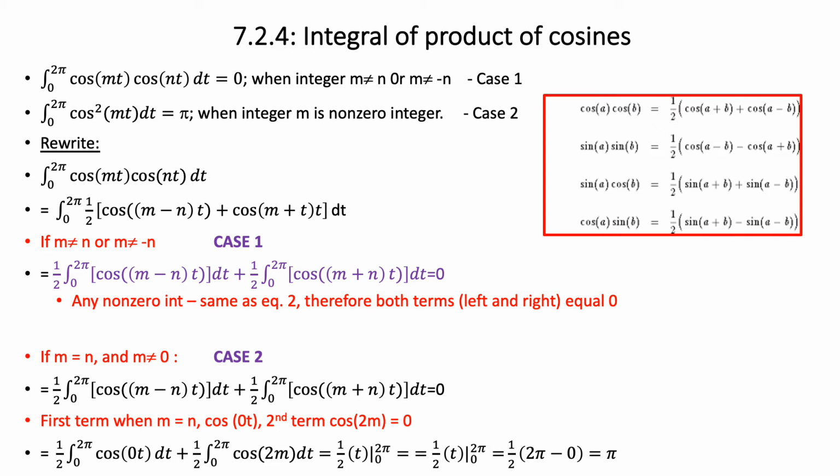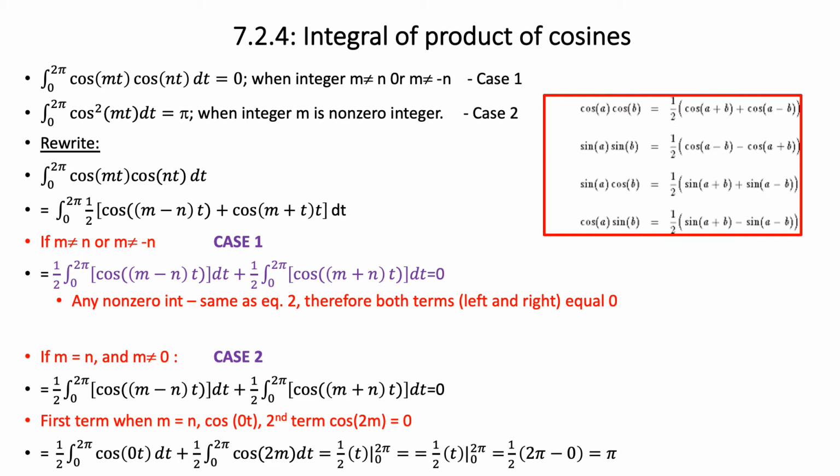In case 2, where m equals n and m is not 0, when we integrate both terms, the first term when m equals n will give us cos 0t, and the second term cos 2mt will give us 0. So it leaves us only the integral of cos 0t dt, and the value is pi.